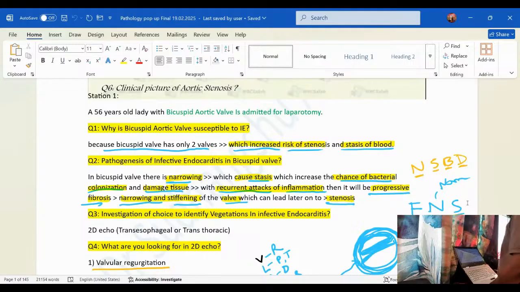With recurrent attacks of inflammation, it will progress to fibrosis, narrowing and stiffening of the valve, which can lead to stenosis.